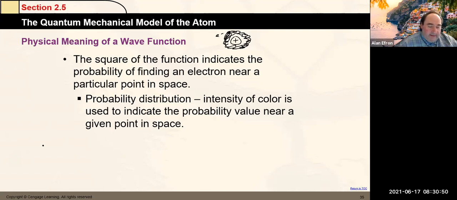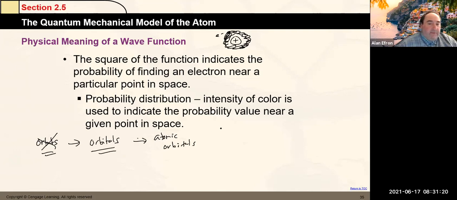And these probability maps are essentially moving us away from the idea of orbits to this idea of orbitals. And orbitals are really just theoretical probability maps within an atom of where you can find an electron or have a high probability to find an electron. And we usually refer to these as atomic orbitals.